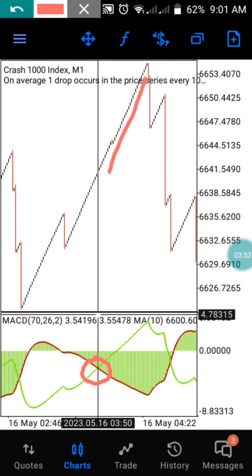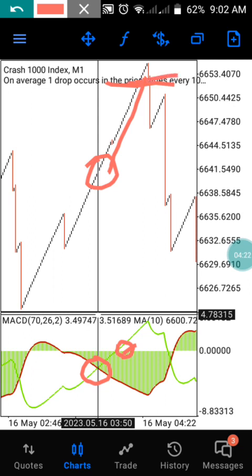You keep taking that profit up, and you exit your market when you see the moving average leaving the below histogram. Anytime you see the moving average leaving the histogram, like what is here, you exit your market. You enter at this particular level and exit at this particular level on the 1 minute time frame.